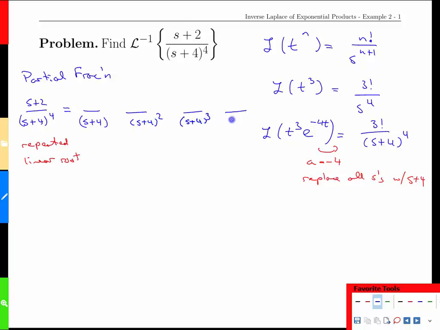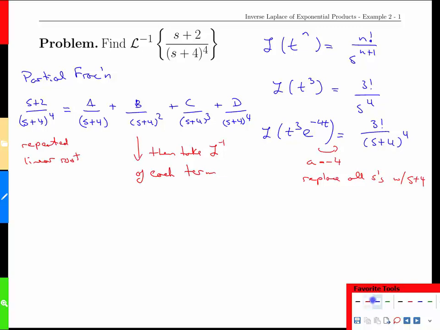So we have s plus 4, squared, cubed, and s plus 4 to the 4. And because they're all linear factors, we'd simply have an a and a b and a c and a d, single constants on top. If we were to perform that partial fraction decomposition, we could then find the inverse of each individual term using the same kind of logic we have here. Then take the inverse Laplace of each term.